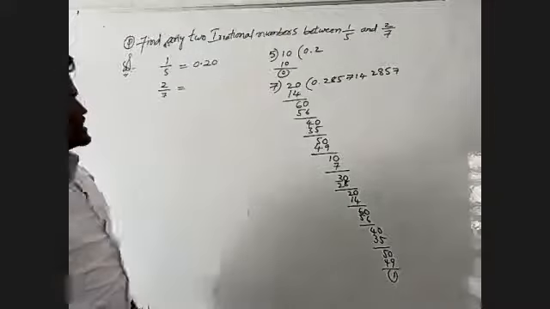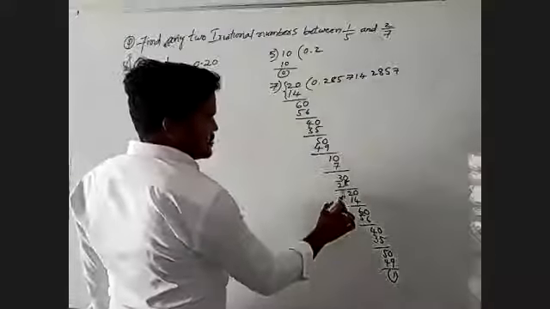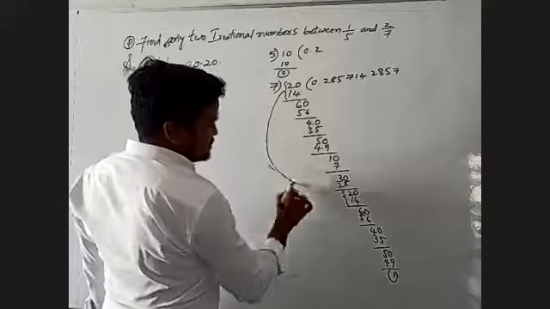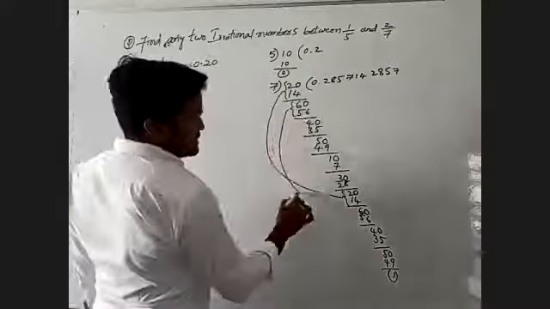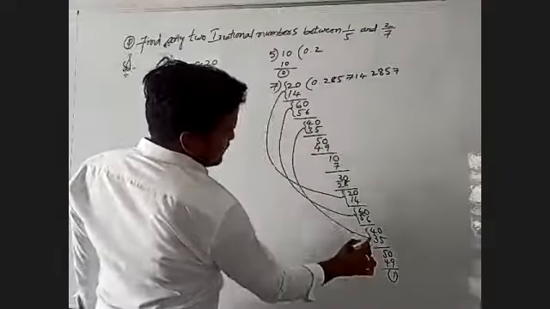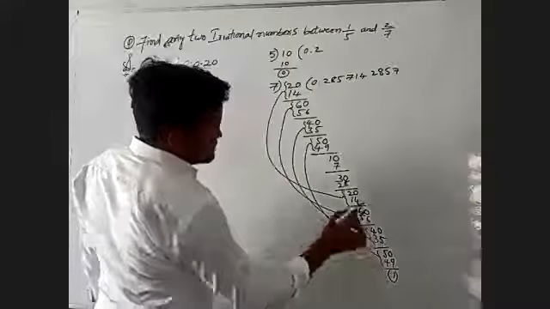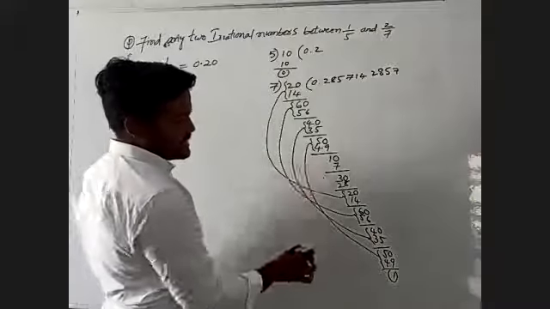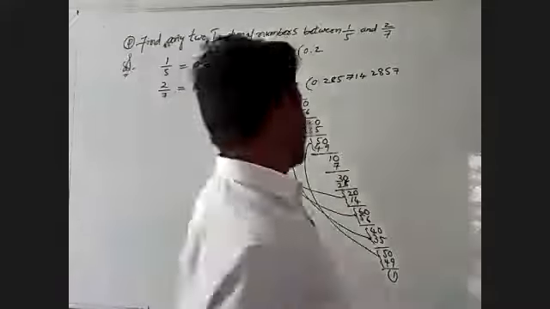We observe in this one that the terms 20 and 14 repeat. Also 60 and 56 repeat, 40 and 35 repeat, 50 and 49 repeat, and 10, 7 and 30, 28 also repeat.